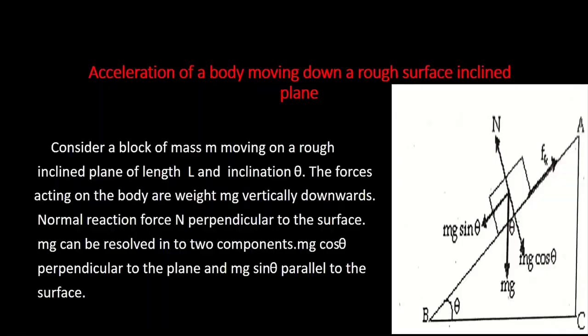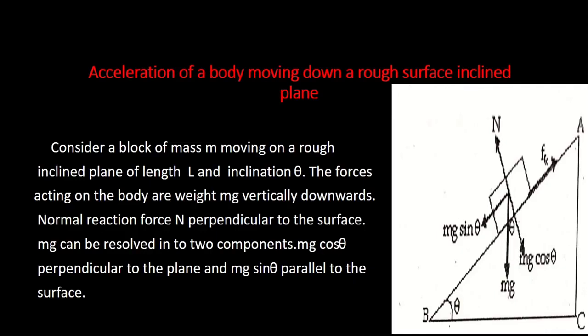In the next problem, we will calculate the acceleration of a body when it is moving down on a rough surface which has some frictional force. Observe the diagram. Here we have taken a block of mass m. It is moving on a rough surface of length L inclined at an angle theta.